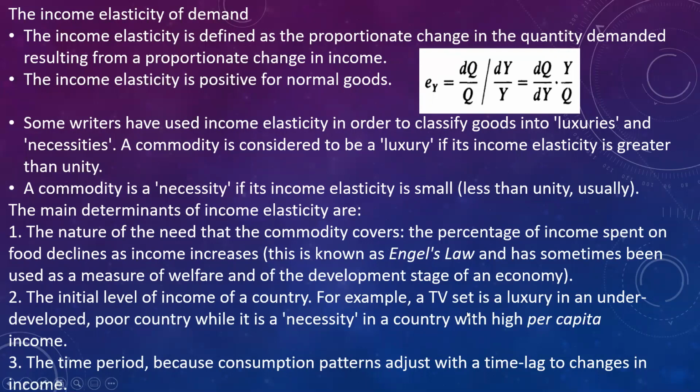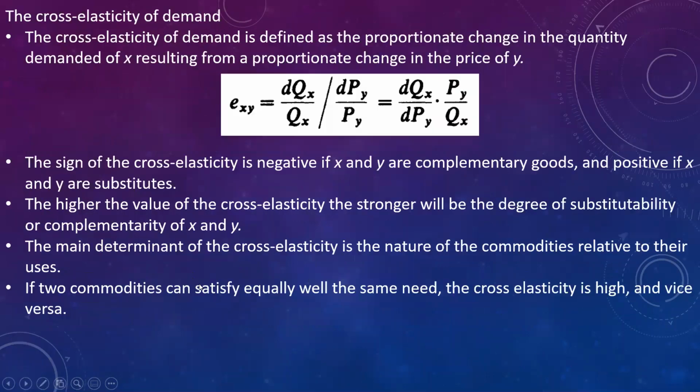For example, a TV set is a luxury in an underdeveloped and poor country, while it is a necessity in a country with higher per capita income, or a developed country. So the initial level of income of the country also determines the income elasticity. And time period, because consumption pattern adjusts with a time lag to change in income. So these are the determinants of income elasticity.